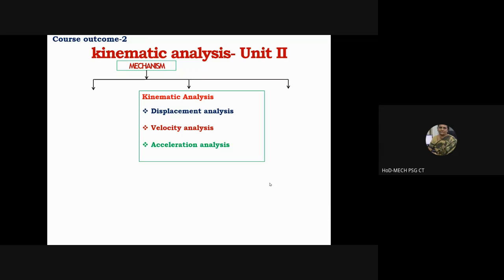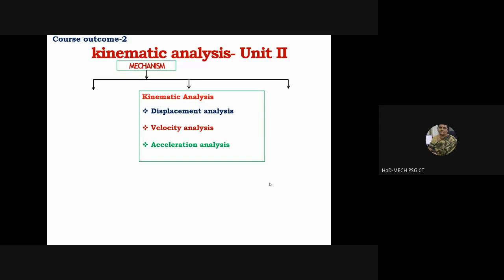Every one of you, all 35 or 36 of you, will come out with different solutions. Each one will have his or her own solution for the same problem. But suppose I have 35 mechanisms given by every one of you to cater to some problem or to do some work out of the mechanism, I need only one mechanism.